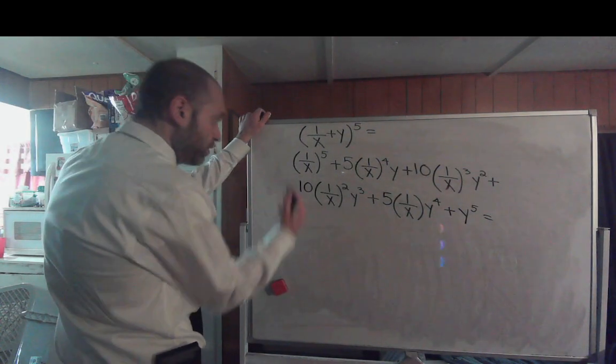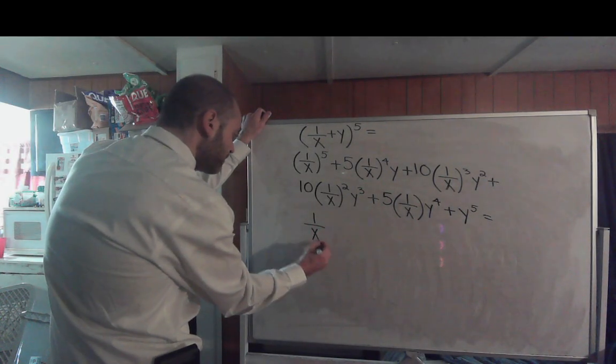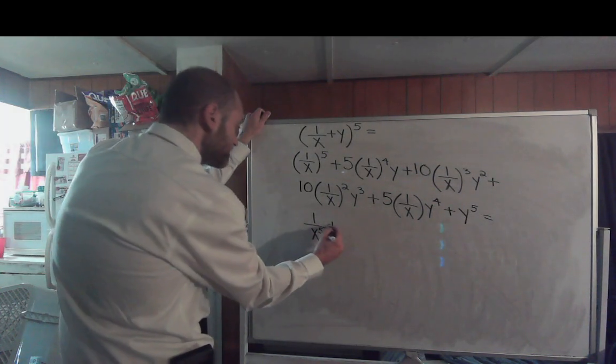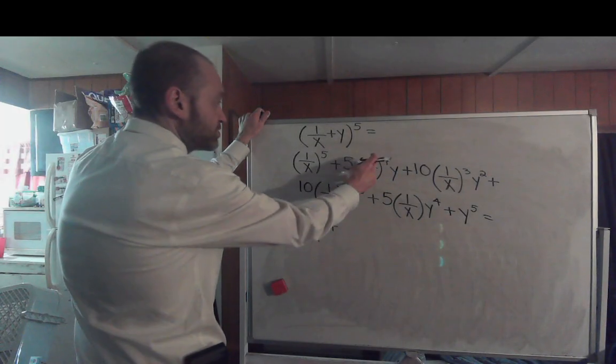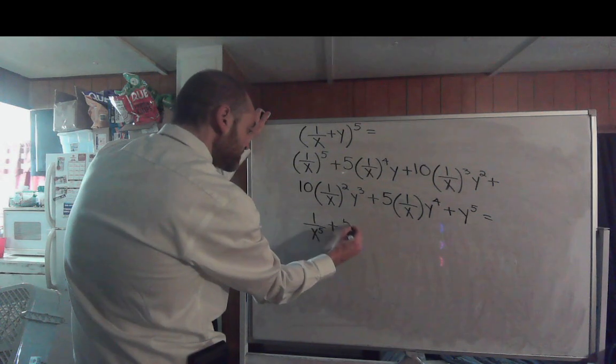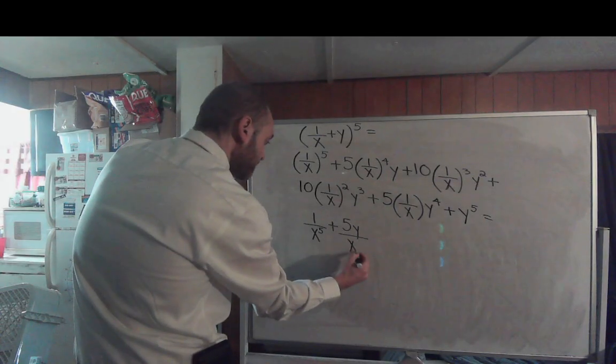So we can simplify this pretty quickly. 1 over x raised to the 5th is simply 1 over x to the 5th. Plus, okay, so 5 times 1 over x to the 4th, that's times y. That's going to give me 5y over x to the 4th.